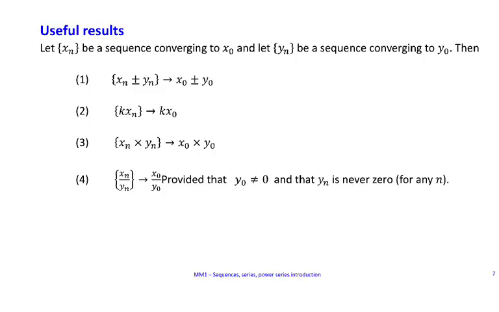The sequence k times x_n will go to k times x naught. The sequence x_n times y_n will go to x naught times y naught. And we also have the sequence x_n over y_n goes to x naught over y naught, provided that y naught does not equal 0, and that y_n is never 0 for any n. These are just four results that are useful.